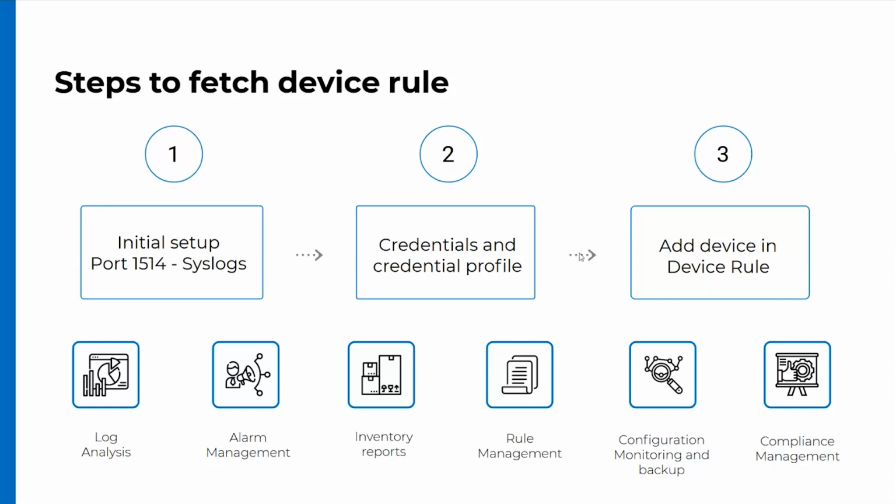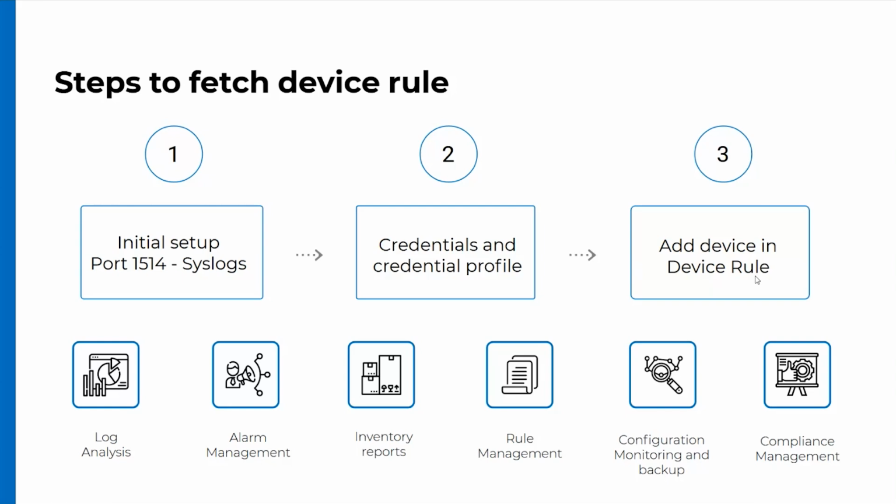So this can give you access to detailed reports. These first two steps will be discussed in detail during our next session on May 15th. Today's focus is on the third step, which involves fetching the firewall rules and configurations, adding the device to the system, and generating reports for rule management, configuration monitoring, and compliance.